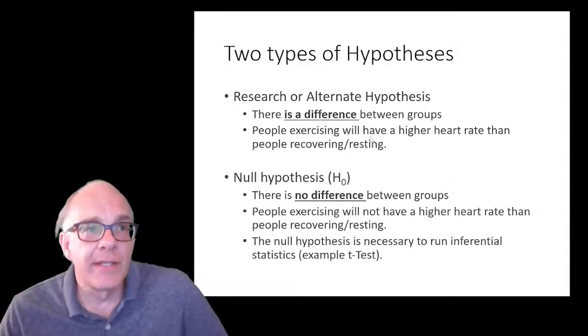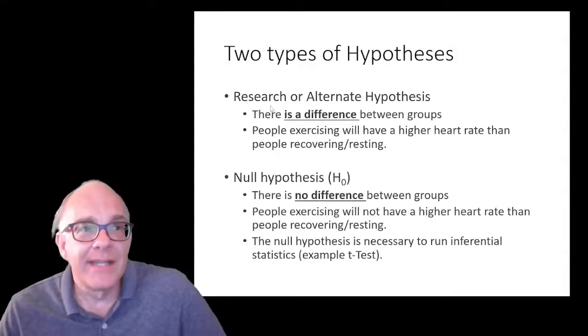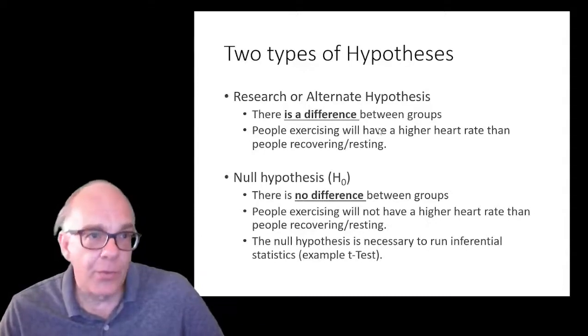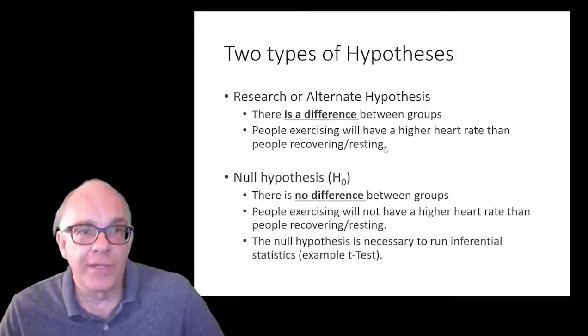Basically, the two hypotheses are a research or alternate hypothesis, which says there is a difference between groups. So the drug has an effect, there's a difference between the groups, something is going to be different as a result of the experiment that we're doing. In this experiment, people exercising will have a higher heart rate than people recovering.